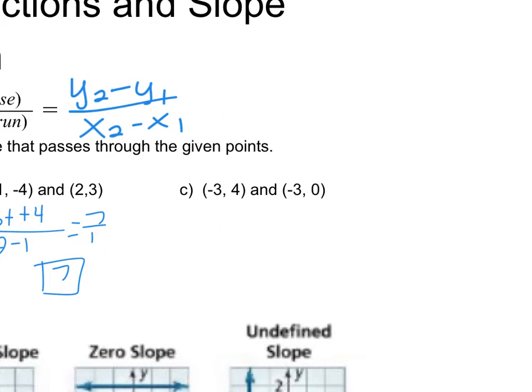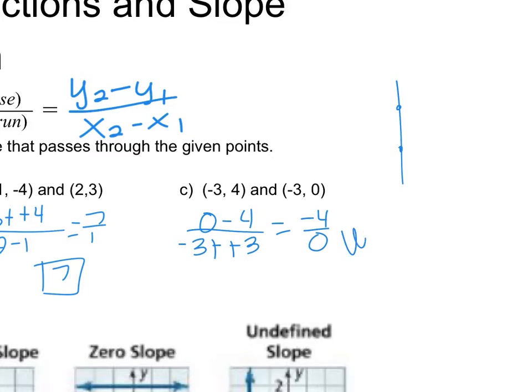The next one, 0 minus 4, and then negative 3 minus negative 3. That gives me negative 4 over 0, which you cannot do. Those 2 points are vertical, so you cannot have a vertical slope. So that would be undefined.